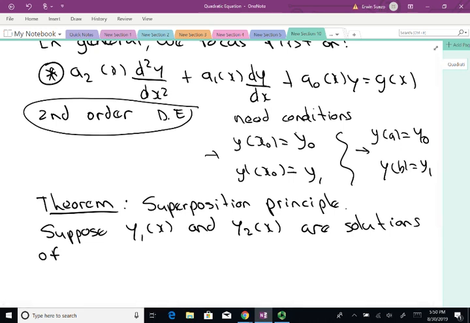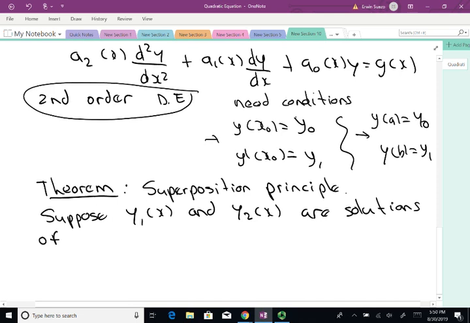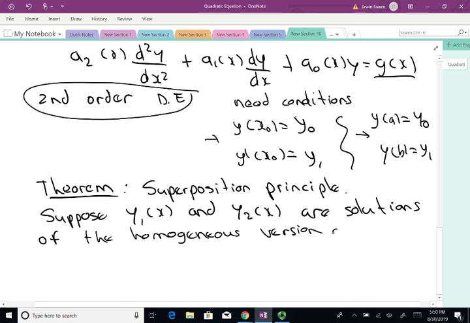But no, let's not call this one star. Of the homogeneous one, because this one is not homogeneous. So the homogeneous version of star means g of x equals 0.